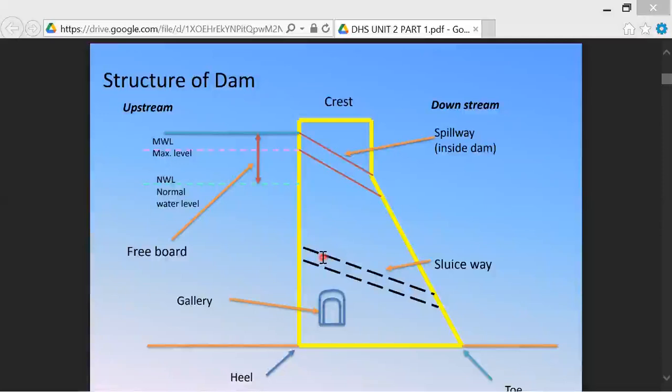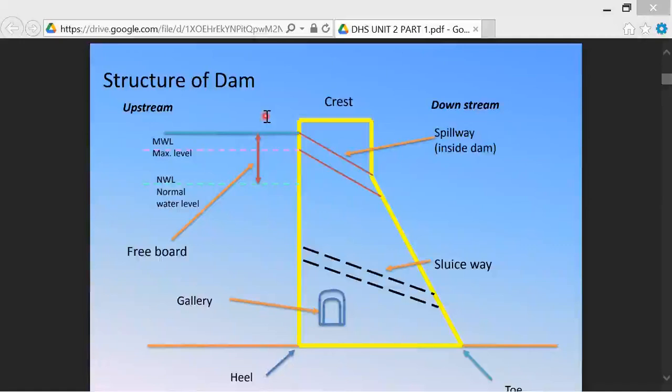When the level on the upstream side is lower, this sluice way is used to transport the water. Then the regular spillway is there, which is near the maximum level.